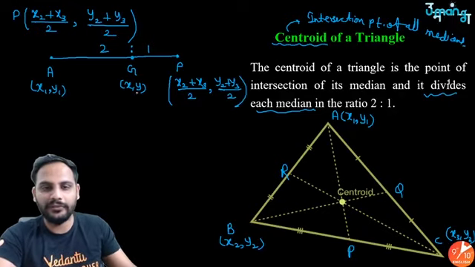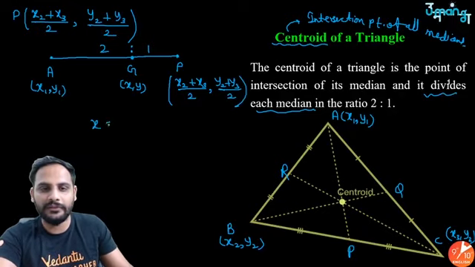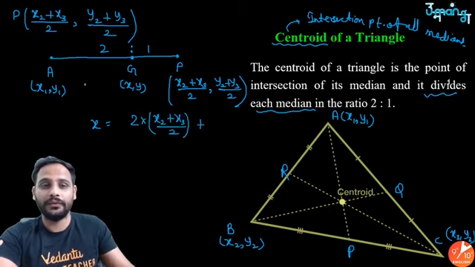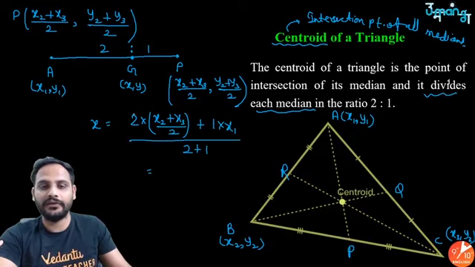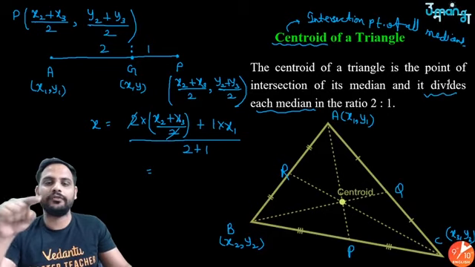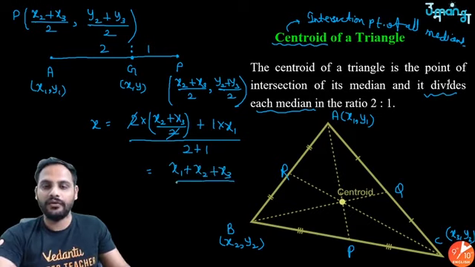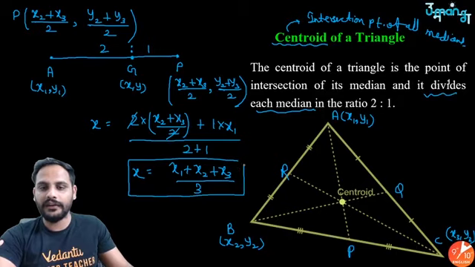So use section formula. The x coordinate of the centroid will be 2 into (x2 plus x3 by 2) plus 1 into x1, divided by 2 plus 1. So it will be equal to, see, 2 and 2 got cancelled, x2 plus x3, 1 into x1 is x1. So the numerator is x1 plus x2 plus x3, whole divided by 2 plus 1, which is 3. So this is the x coordinate.